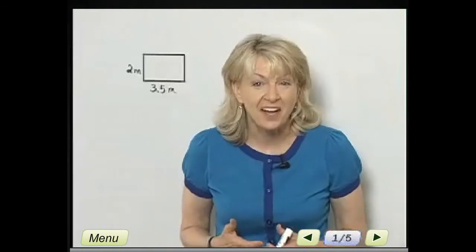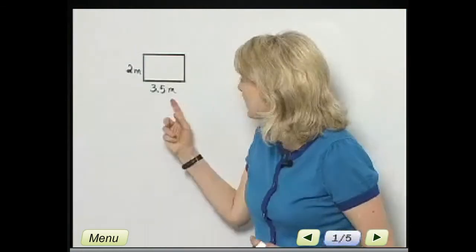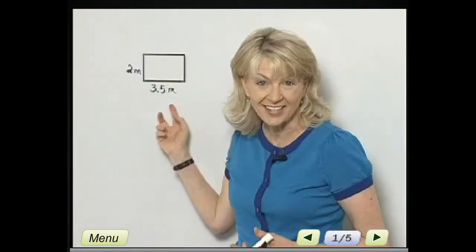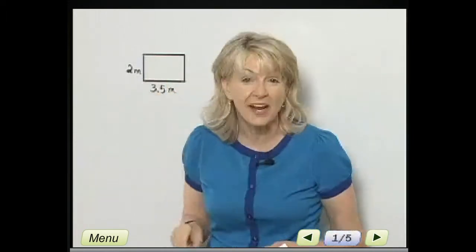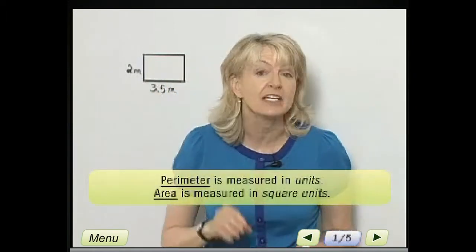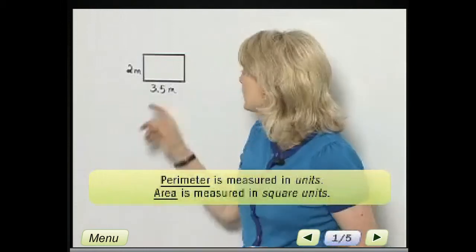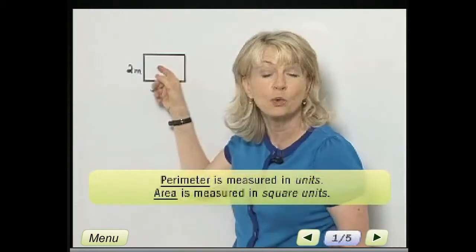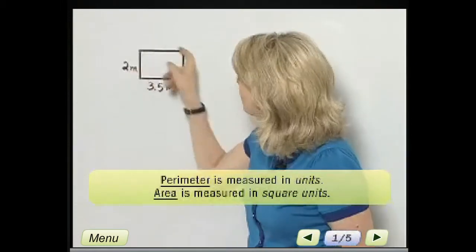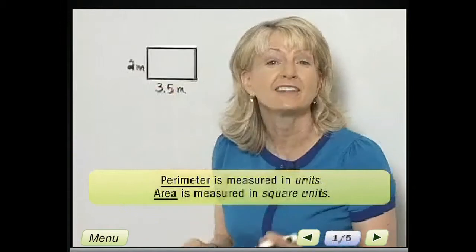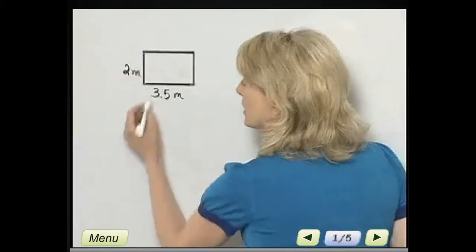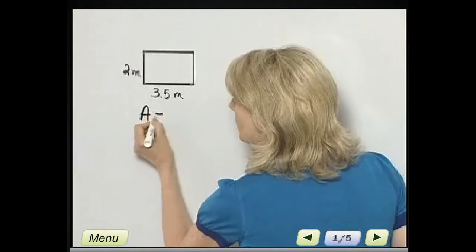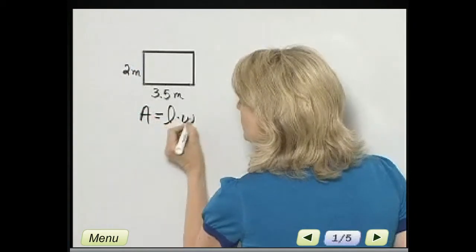And let's practice finding areas. I want to find the area of this rectangle. Now remember, perimeter is the distance around, and perimeter is measured in units. Area is the amount or number of square units encompassed by this figure, and it is once again measured in square units. So to find the area of this rectangle, area is length times width.